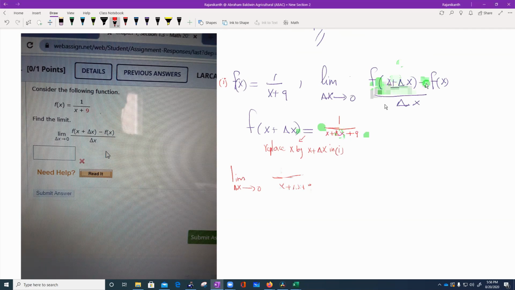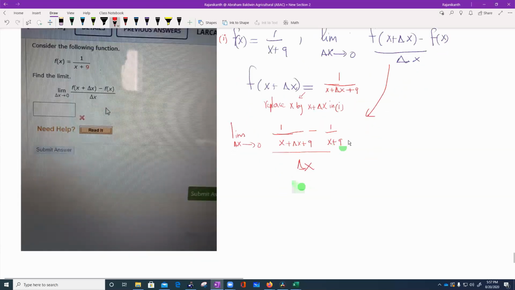Then subtract f(x). f(x) is here, simply 1 over x plus 9. This is f of x plus delta x. This is f(x). This all over, you need to divide by delta x. So I am simply copying here.